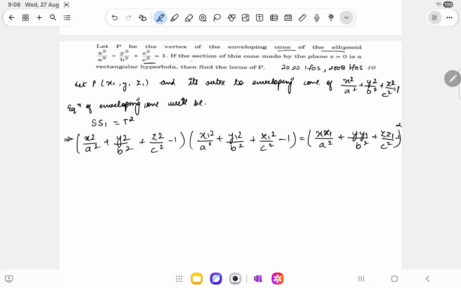So the question further says that if the section of this cone is made by the plane z equals 0, then it is giving us a rectangular hyperbola in the xy plane.